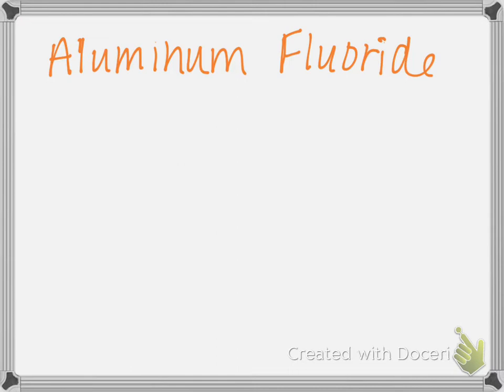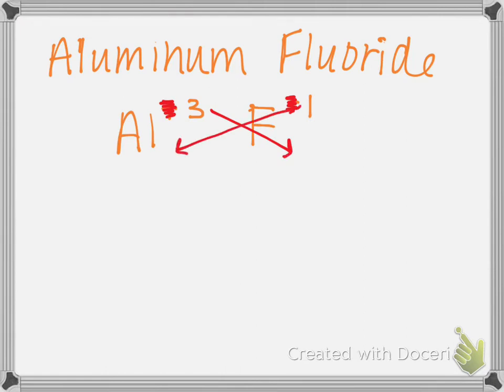Aluminum fluoride, okay? Aluminum is Al +3 and fluoride is F -1. So let's first do the crisscross method. When we do the crisscross method, we ignore the plus and the minus and we crisscross them down from a charge to a subscript.